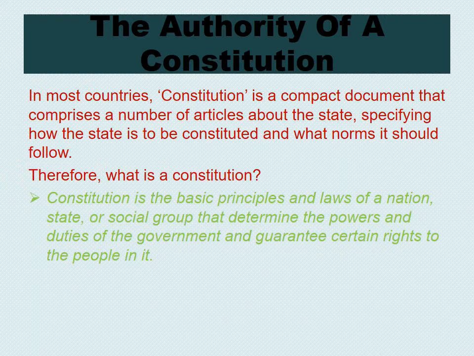But some countries like the United Kingdom do not have a single document, but they have a series of documents and decisions that, taken collectively, are referred to as the constitution.